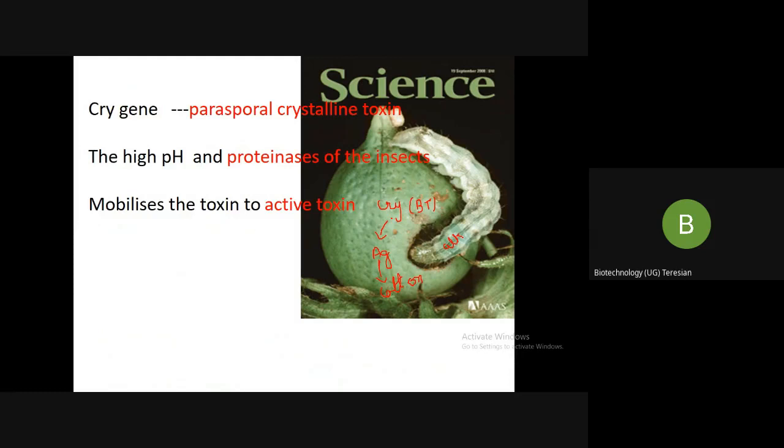Once the toxin becomes active, it will create pores in the gut of the insect. So the cry gene is a toxin form. Thus, it enters into the insect and creates pores in the gut of the insect. So now what happens?